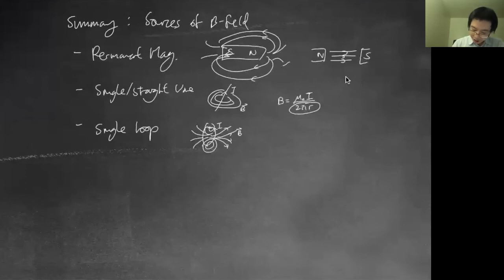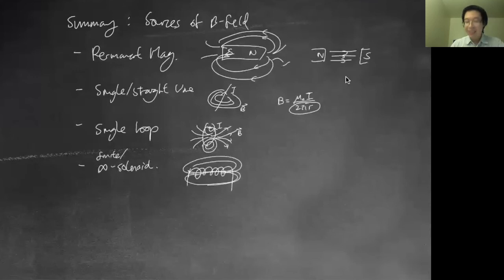And if you have an infinite solenoid, actually learn how to draw finite and infinite solenoids. If you have a finite solenoid, you'll get the field lines wrapping around like this, which, as you can see, if you just look at the outside, looks like a permanent magnet. But if you look at the inside, if you have an infinite solenoid, usually you will just draw the top and bottom, and then you can draw the field lines inside.